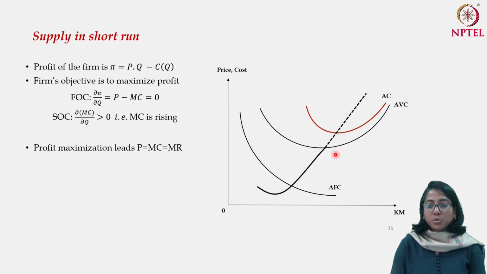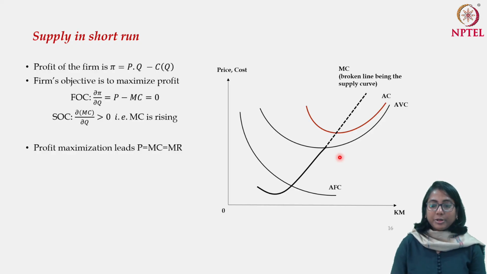However, as we have come to know, the minimum point of average variable cost is a shutdown point, and no production and supply can take place below this shutdown point. Therefore, the supply curve is that portion of the rising marginal cost curve which is over and above the average variable cost. So remember this: for all kinds of competitive equilibrium, the supply curve in the market is the upward rising part of the marginal cost curve over and above the average variable cost.